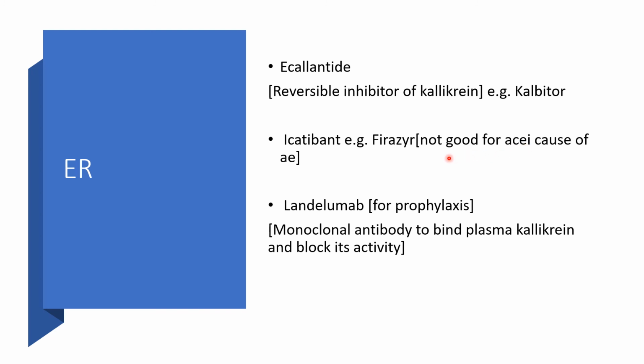So if the cause of this angioedema is an ACE inhibitor like ramipril, captopril, and enalapril, don't use icatibant. Lanadelumab is for prophylaxis, not for the acute phase. It is a monoclonal antibody that binds plasma kallikrein and blocks its activity.